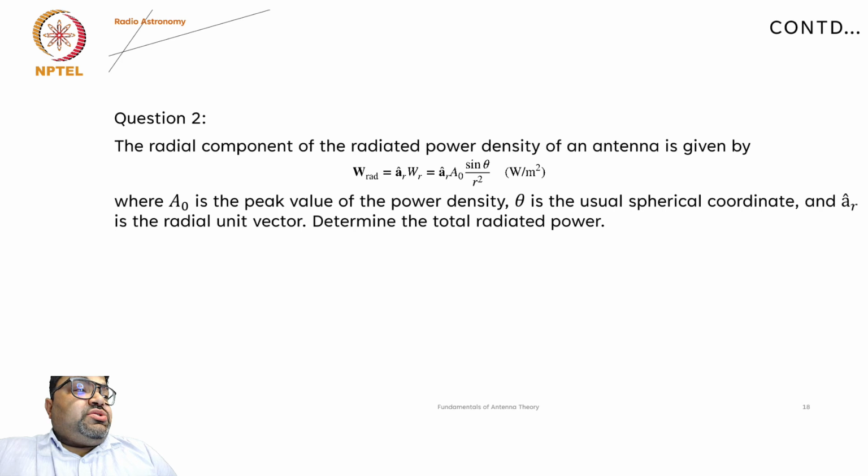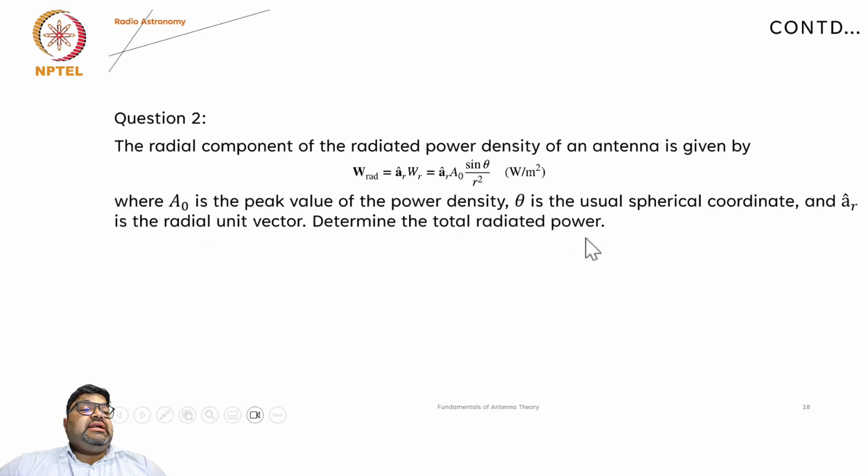Coming to question number 2: the radial component of the radiated power density of an antenna is given by W rad equal to AR unit vector times W sub R, given by A naught sine theta over R square watt per meter square, where A0 is the peak value of the power density, theta is the usual spherical coordinate, and AR is a radial unit vector.